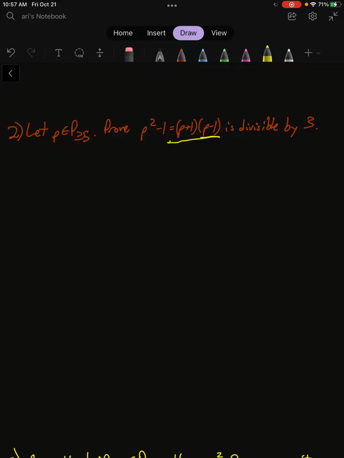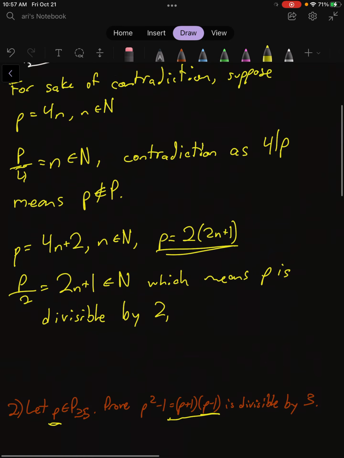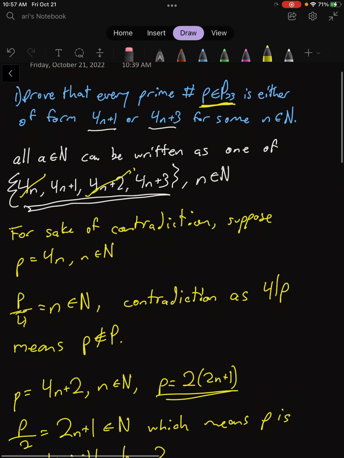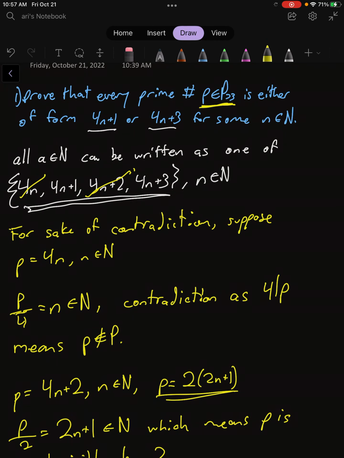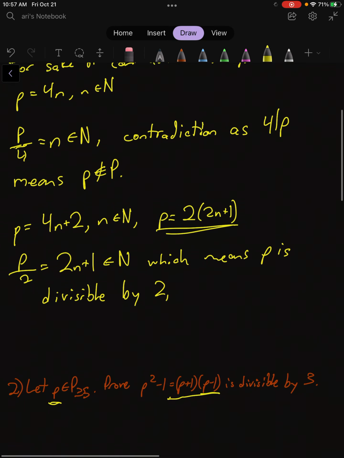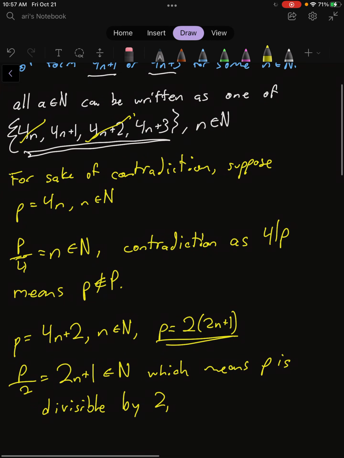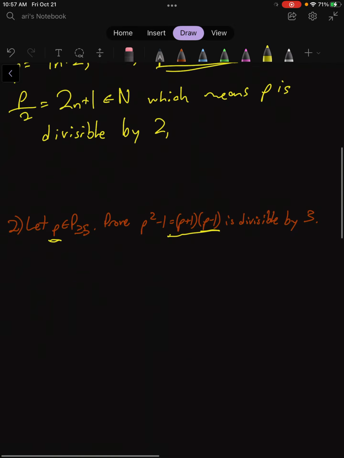So there's a couple things that p could be. It could take a couple different forms. We learned in problem 1 that all primes could take the form 4n plus 1 or 4n plus 3. And we could try using those. It's just very inconvenient for this particular problem to use these numbers because 4n is not divisible by 3.